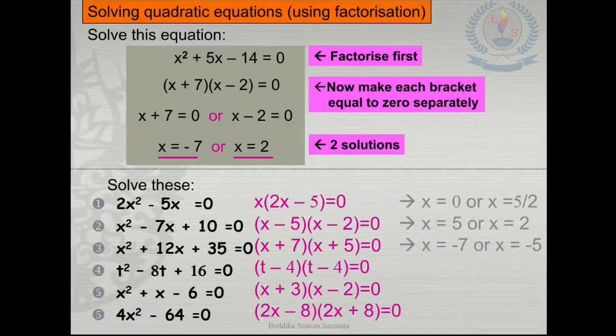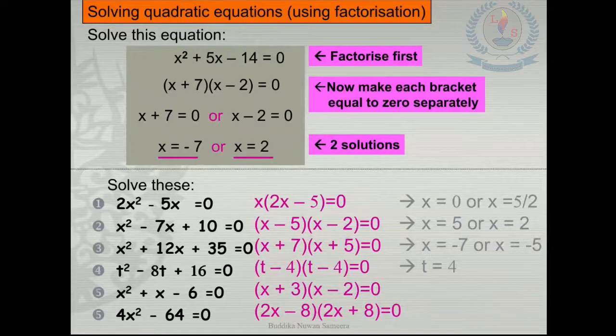Fourth one, here you can see both the factors are equal, t minus 4 and t minus 4. So you can equal one factor to 0. When you equal t minus 4 to 0, then t should be equal 4. Here this is a special case. You can see here only one solution is there.